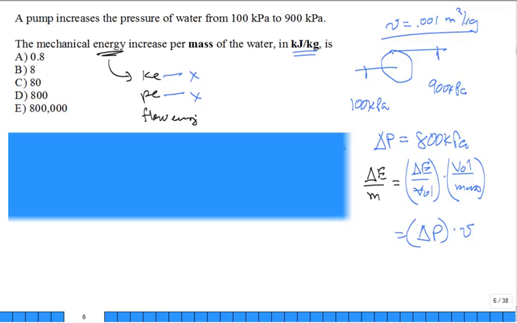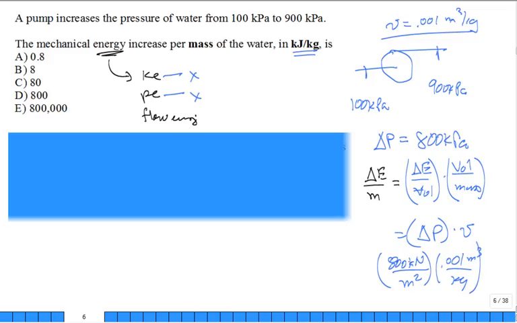So I take that delta P of 800 kilopascal, and I might as well say a kilopascal is a kilonewton per meter squared. Did I do that okay? Multiply that by 0.001 meters cubed per kilogram, and what do I get?